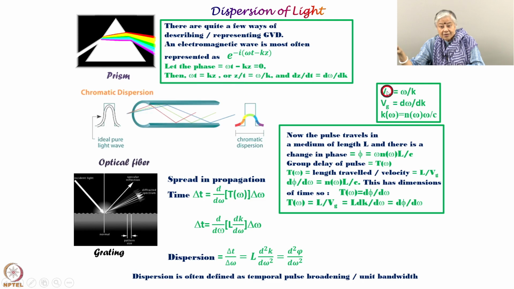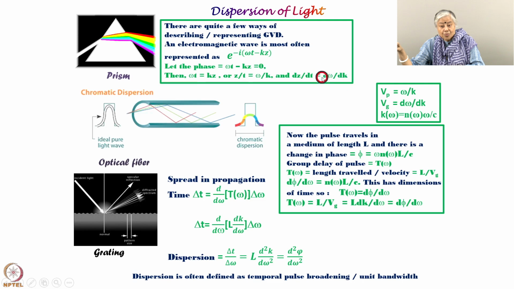So, that is why Vp, the phase velocity, is omega by k, and that is for that individual frequency omega, one frequency, and it is the instantaneous speed of that frequency. But if I take a derivative on both sides, dz by dt will become d omega by dk.